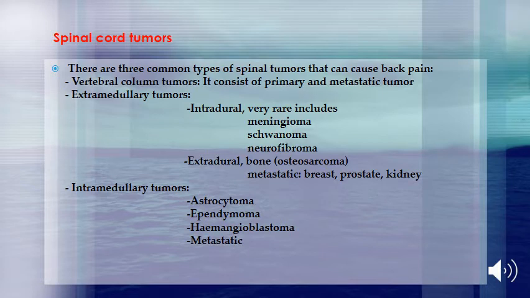Intradural ones are like meningioma, schwannoma, and neurofibroma, and extradural is either from the bone, like osteosarcoma, or metastatic from the prostate, kidney, or breast. Intramedullary tumor, which is inside the spinal cord, includes astrocytoma, ependymoma, hemangioblastoma, and also metastatic spinal cord tumor from other sites.